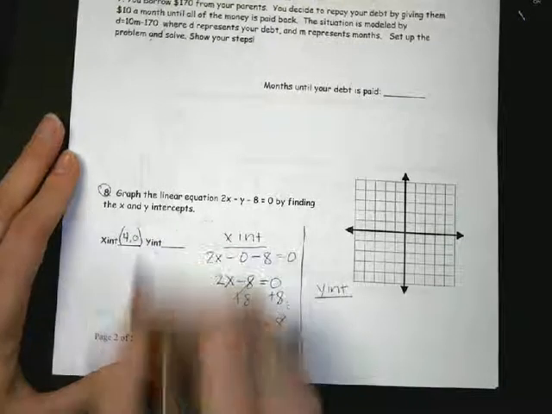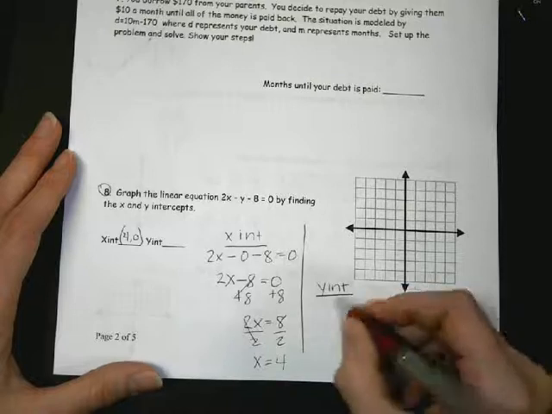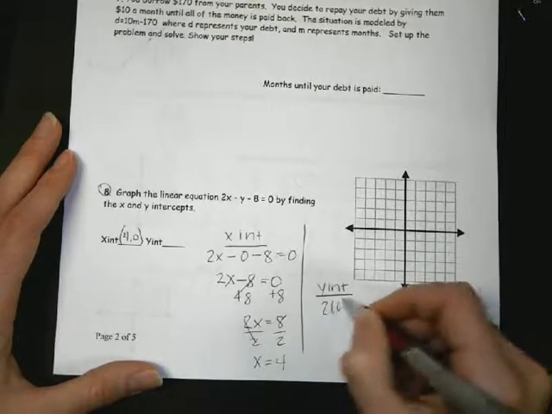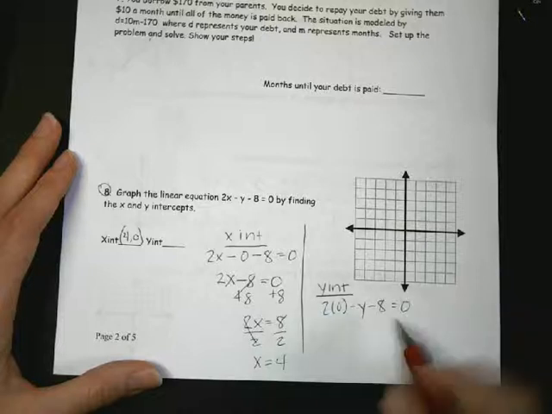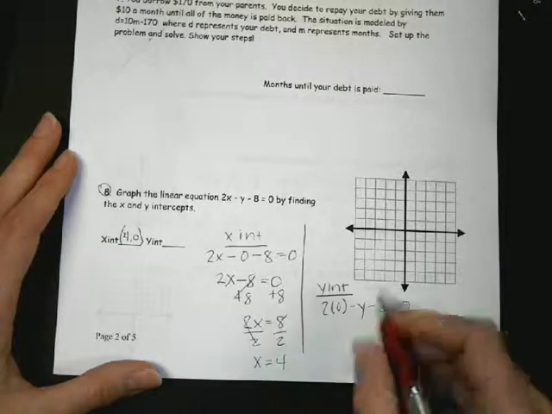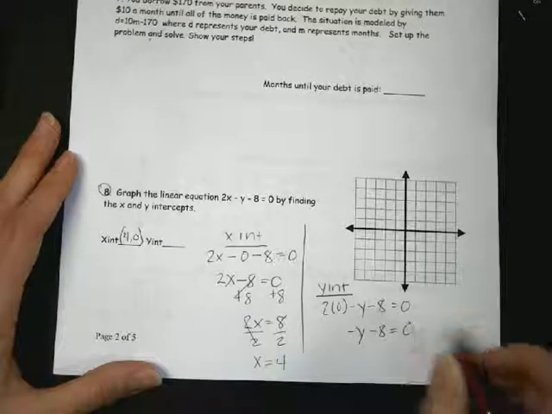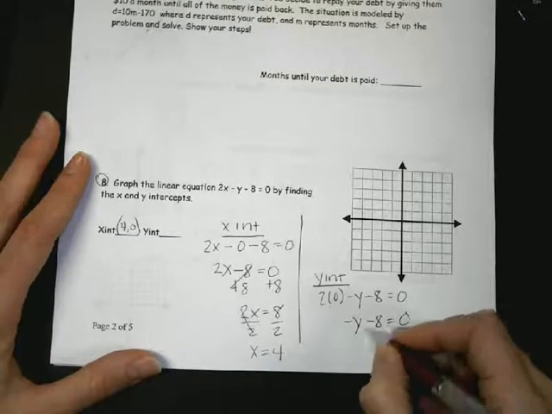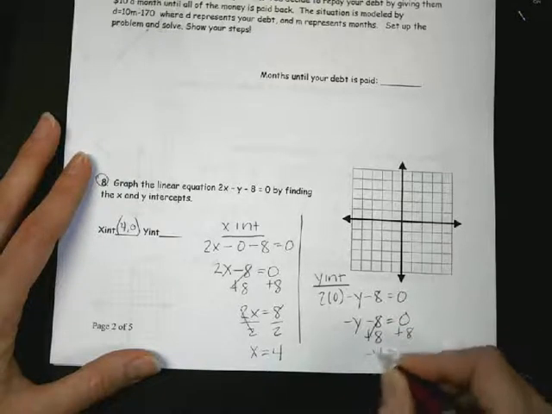The y-intercept, plug in 0 for the x. So 2 times 0 minus y minus 8 equals 0. 2 times 0 is 0, so you're just left with -y minus 8 equals 0. You can move that 8 over by adding 8 to both sides. You get -y equals 8.